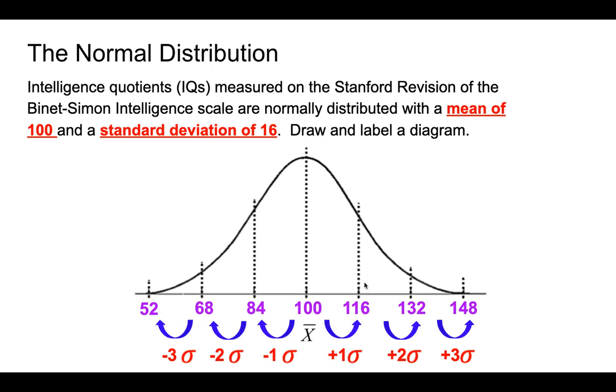We have 1, 2, 3 additions of 16 to get 148, and 1, 2, 3 subtractions of 16 to get 52. This would be what a normal bell curve looks like, a normal distribution for IQ scores with a mean of 100 and standard deviation of 16.